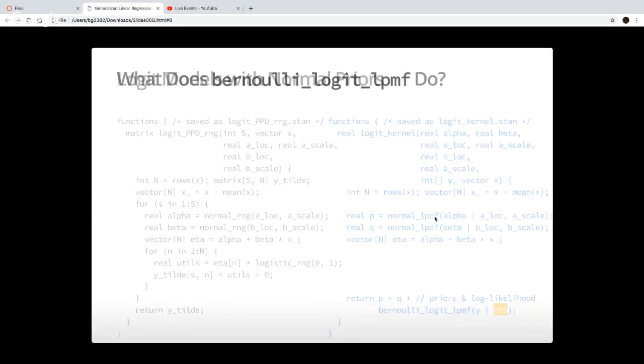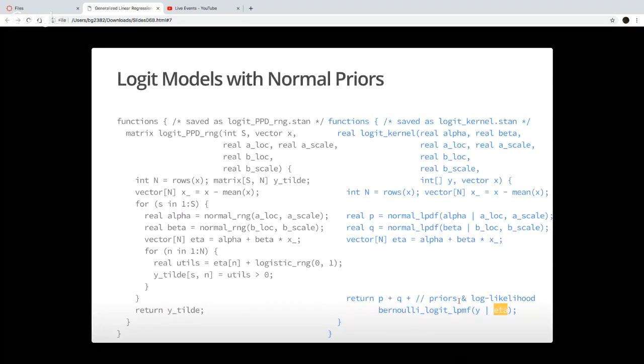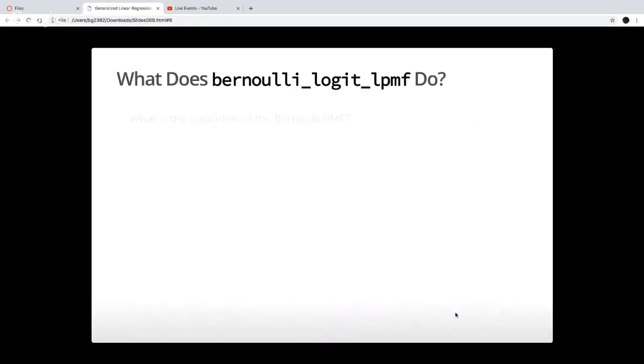Okay, so what does this Bernoulli logit LPMF do? What's the logarithm of the Bernoulli PMF?